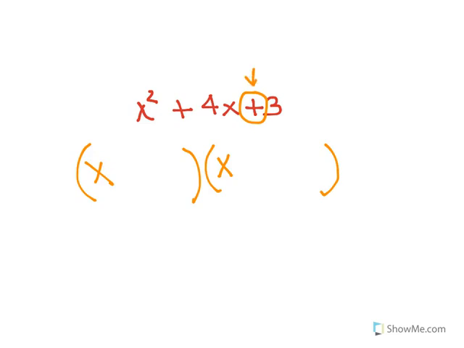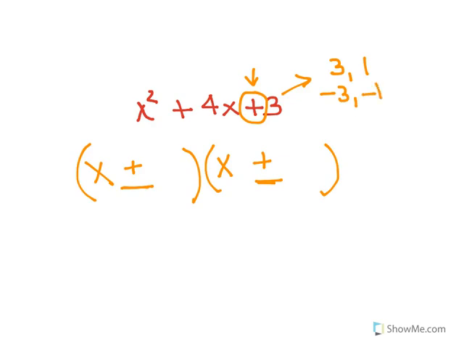Because the sign is positive, it means that the signs here are going to have to be the same, either positive and positive or negative and negative. So I have to think about the factors of 3. How can I factor 3? Well, 3 can be factored into positive 3 and positive 1, right? Remember that 3 is prime. Or negative 3 and negative 1, correct?